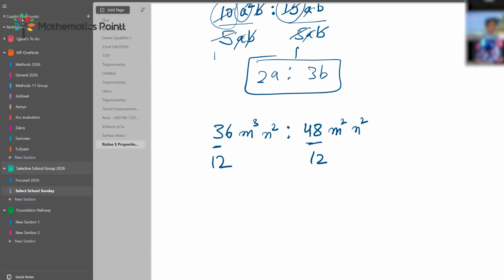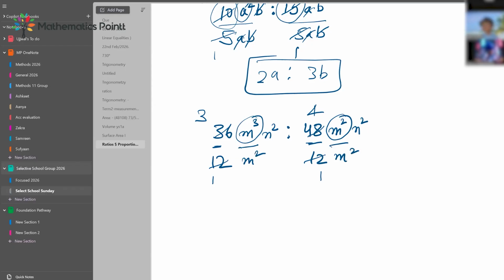Correct. So 12 times 1 and 12 times 3, and 12 times 1 and 12 times 4. Between m cube and m square, m square is the common factor. So m square here, m square here.